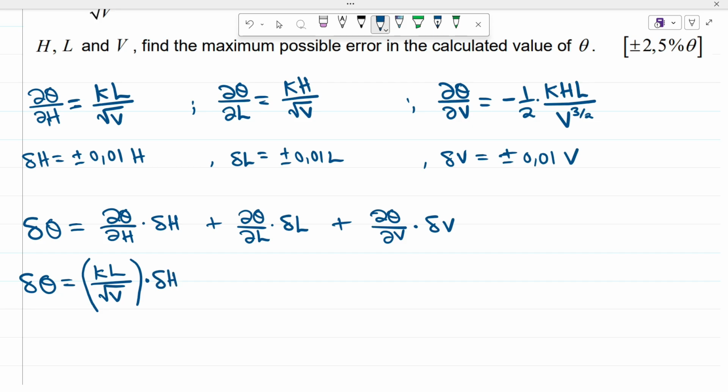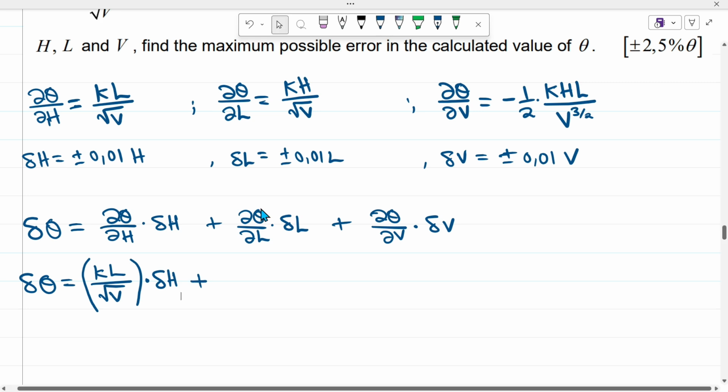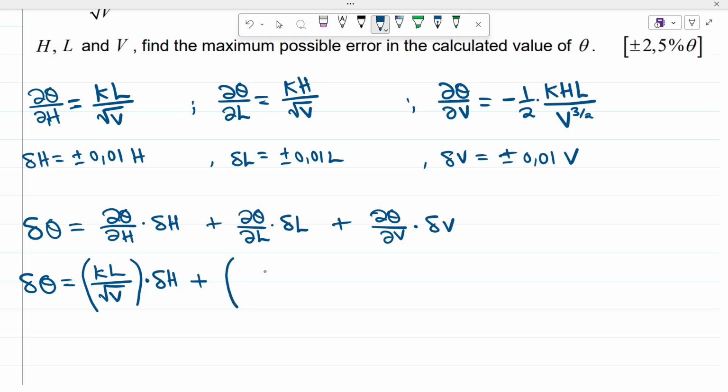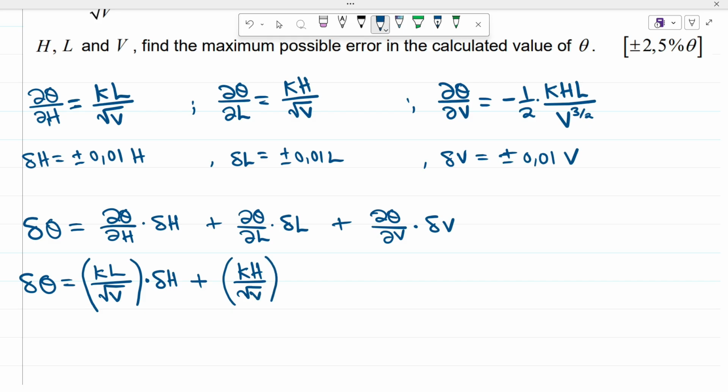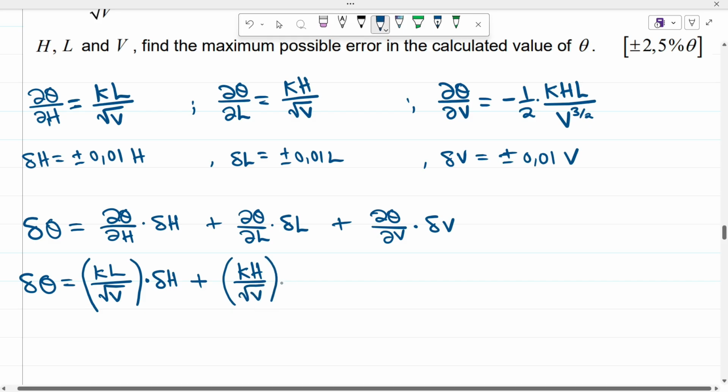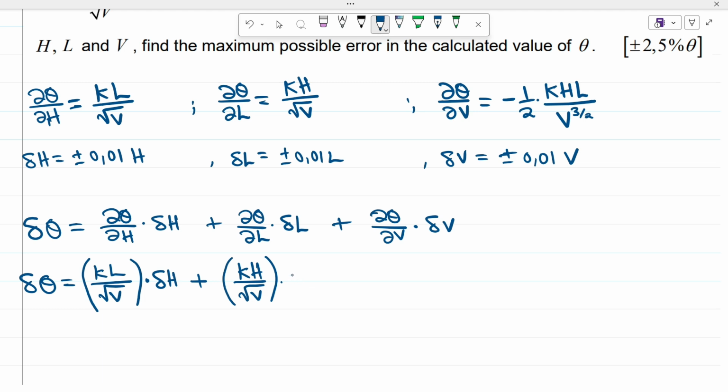Then plus, the partial derivative of theta with respect to l is kh over root of v, multiplied by the percentage change in length.